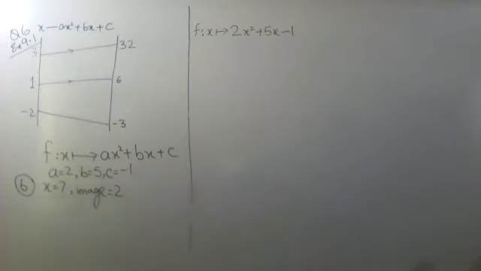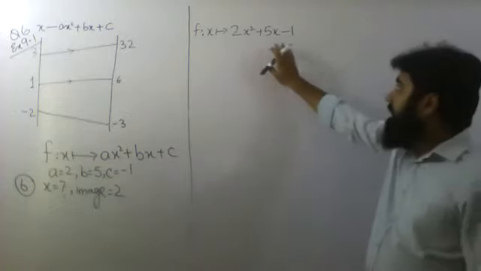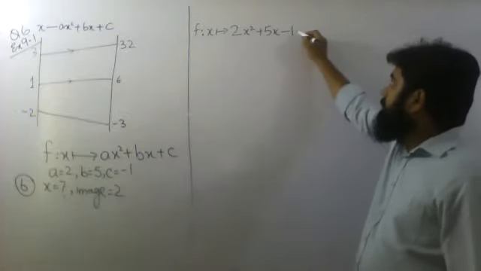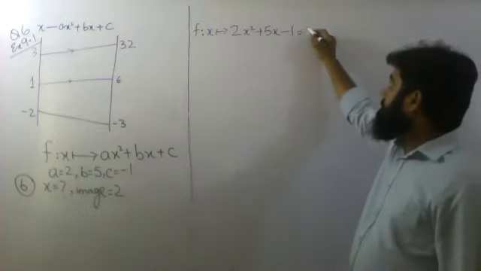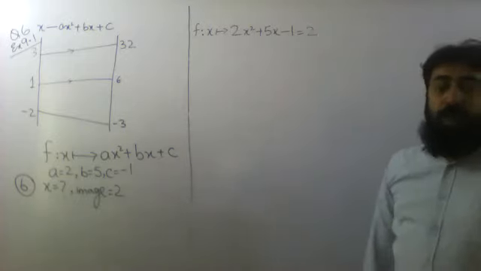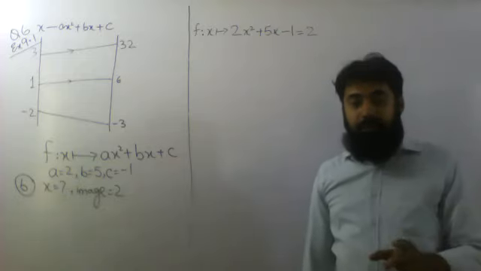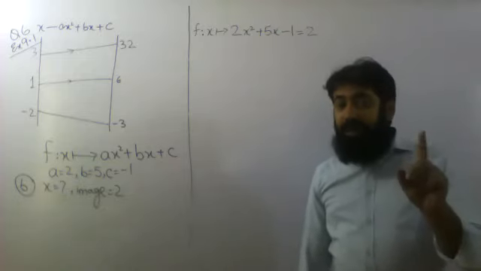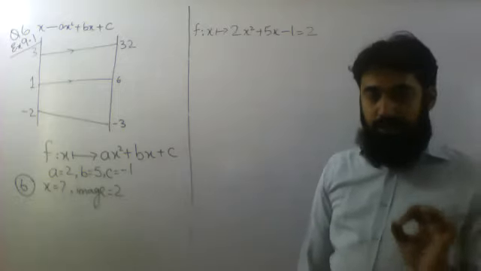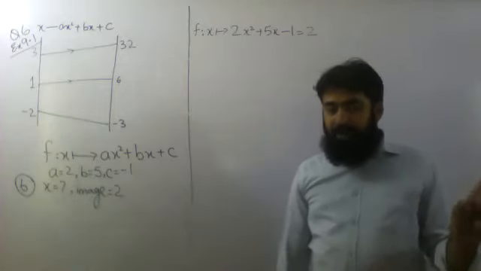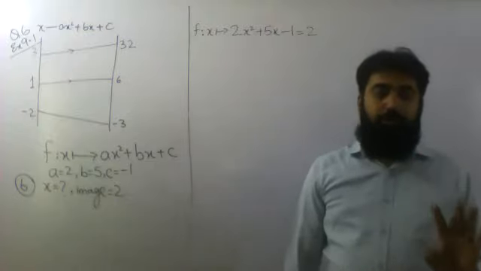And now they are saying what will be the value of x. So this thing will be equal to 2. And they have asked for the positive value of x only. It's written in the question. So I will not be going for the negative one. I will only be going for the positive one.